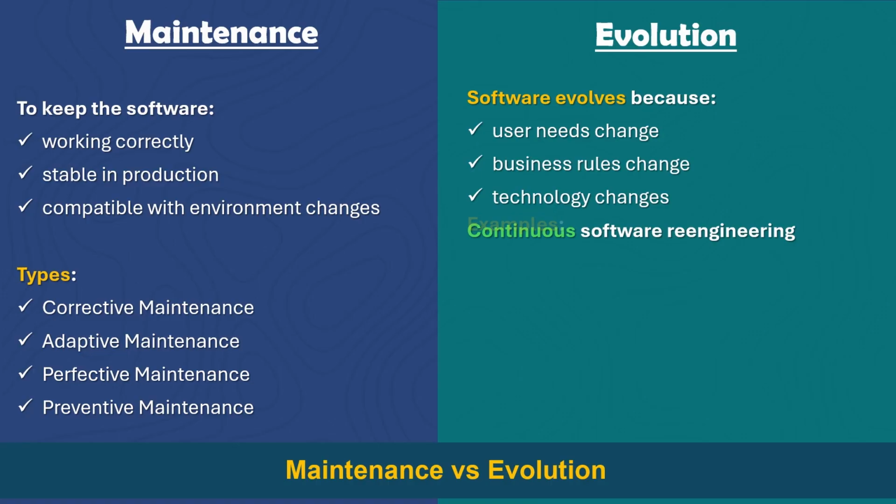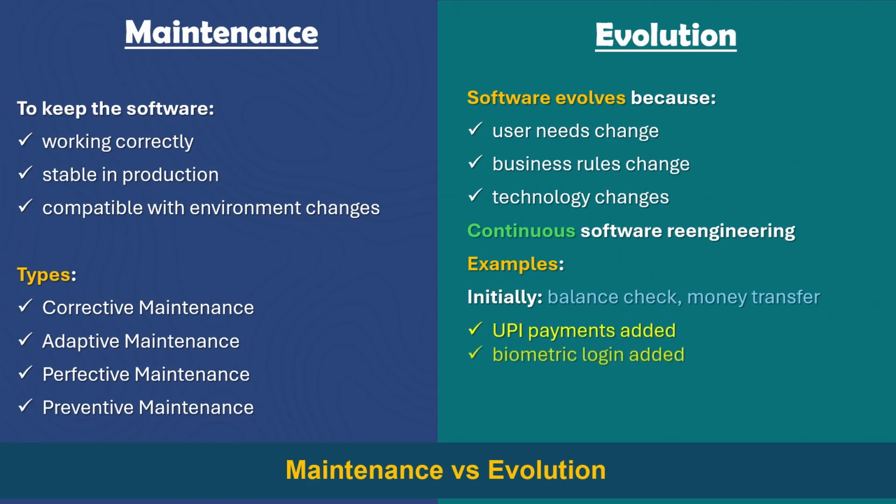It is continuously restructured, improved, and extended over time. For example, consider an online banking system. Initially we have balance check and money transfer. Later evolution adds UPI payments, biometric login, and AI fraud detection. This is not just fixing bugs, this is changing system capabilities.